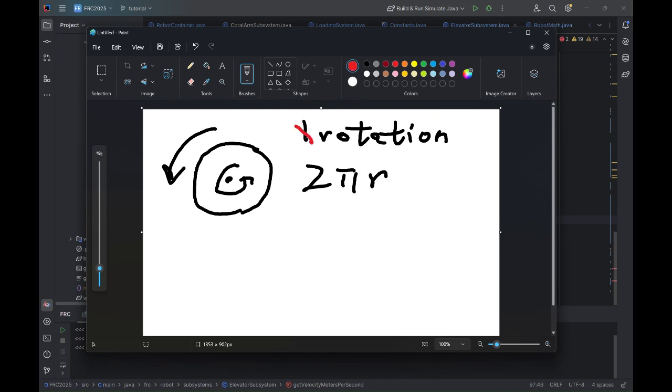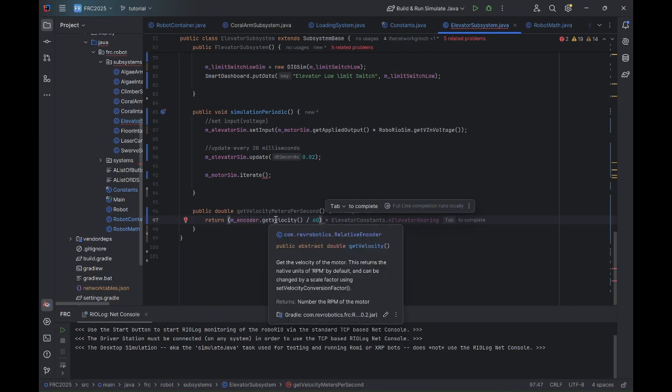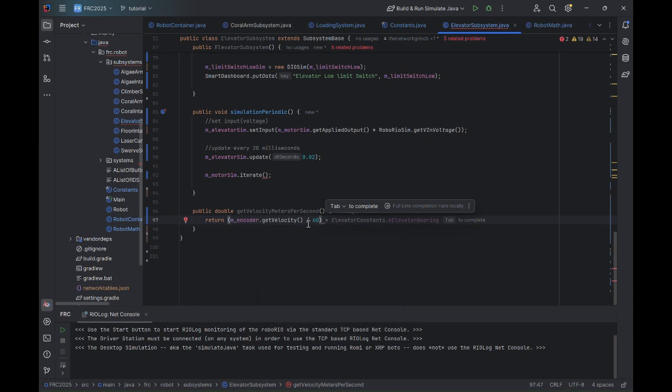So if you have 2 rotations, then it'll just be 2 times the circumference. So that's how you are going to do the math here. You know the rotations, so you just convert it to linear distance with 2 pi r. So 2 pi, and the radius should be the drum radius.